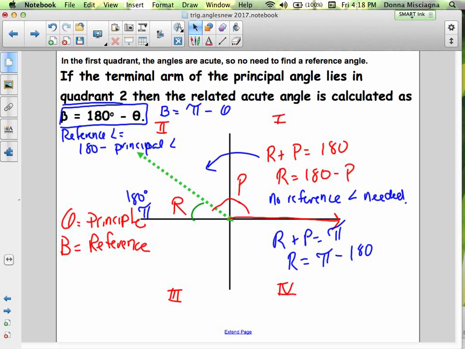I know I have this all in your notes on a summary page that I'm going to get to. If the terminal arm of the principal angle lies in quadrant 2, then the related acute angle is calculated as 180 minus your principal angle. That's all you have to do. That's simple. Just subtract from 180. That's your reference angle. That's the one we're going to work with because it's a friendly angle. We can work with it.